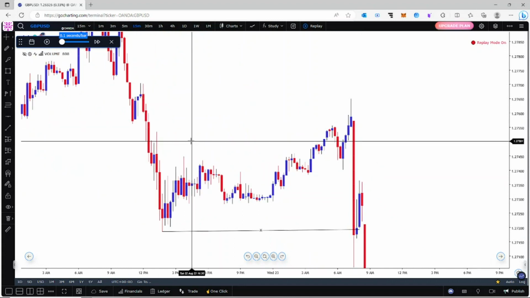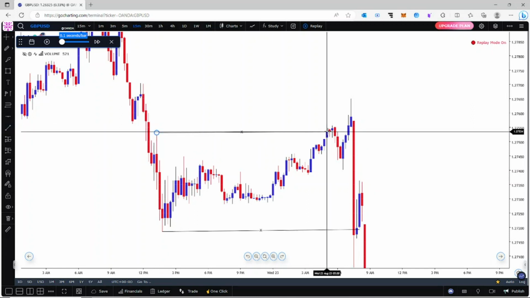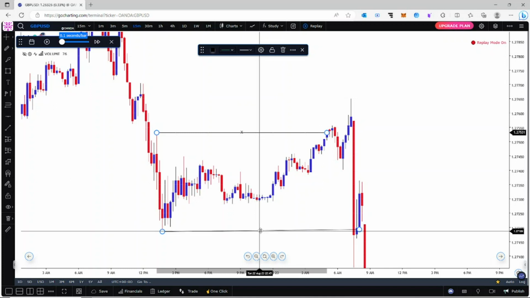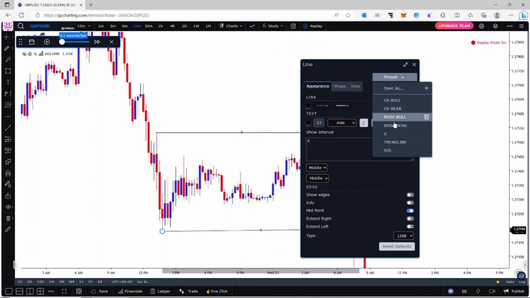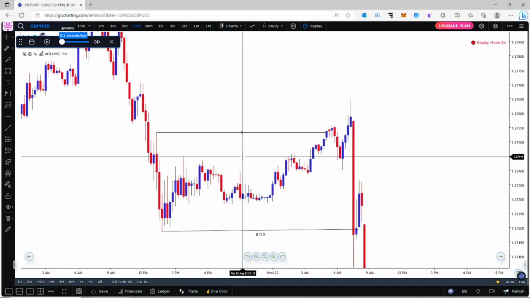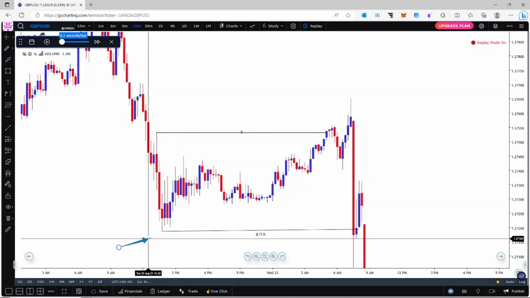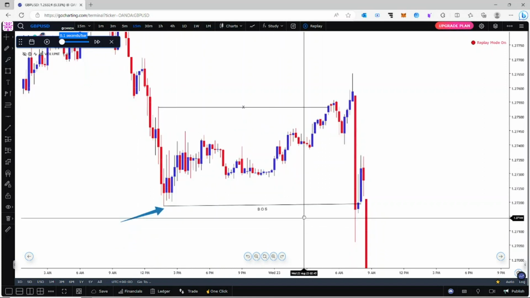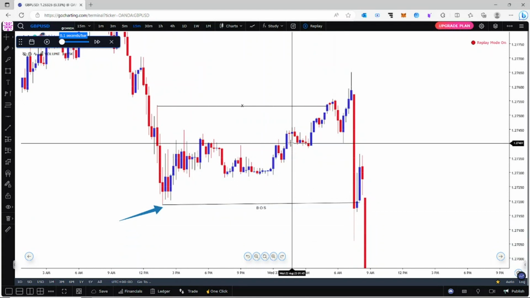Yes, it is, because price took an internal high here, and for taking this internal high, it has confirmed this place over here as a lower low. That means anytime price comes to break it with a candlestick closing below it, we have a break of structure.